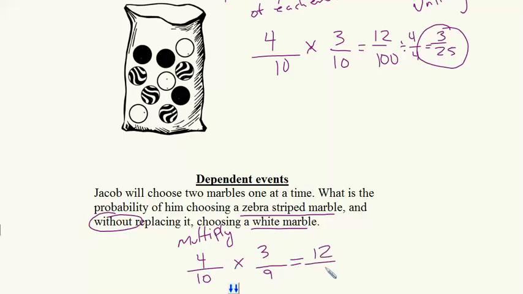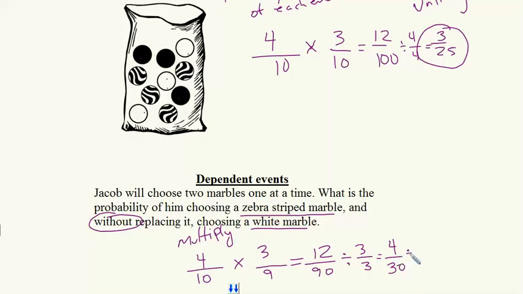We have 12 over 90. I'm going to simplify it. Can divide both of these by 3, and I get 12 divided by 3 is 4. 90 divided by 3 is 30.